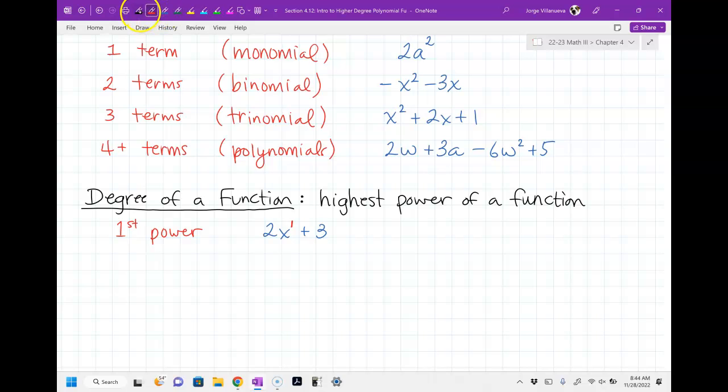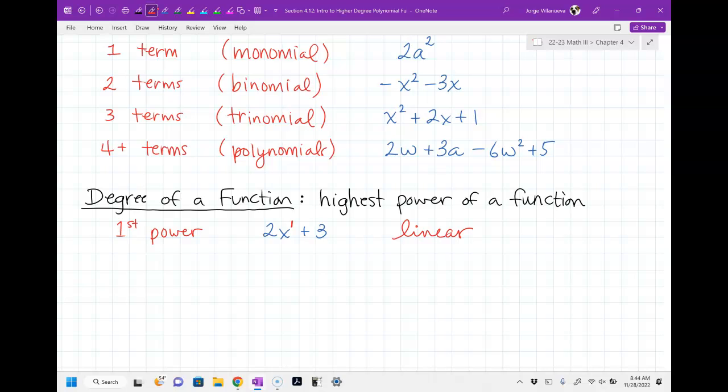So if the highest degree is a 1, then we're going to call it linear. L-I-N-E-A-R. Okay, linear. I don't know if you can see it, but the word line is right there in the very beginning. Linear functions are lines. So a first power results in a linear function.